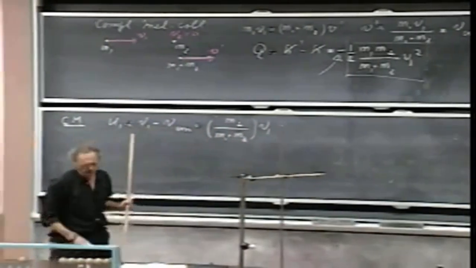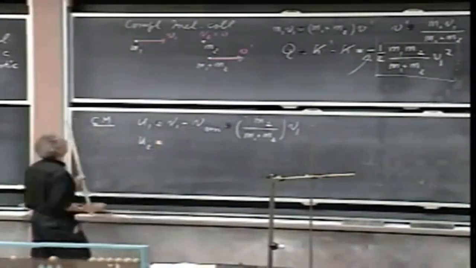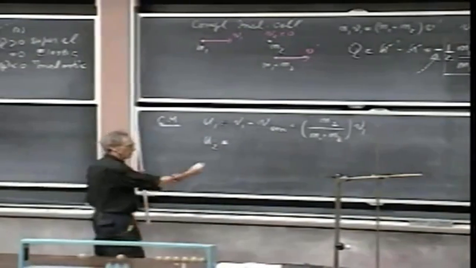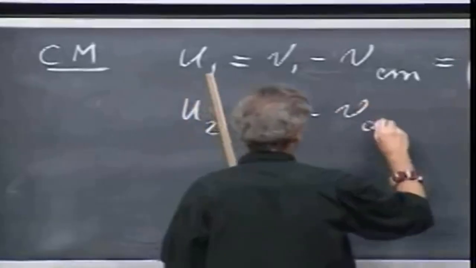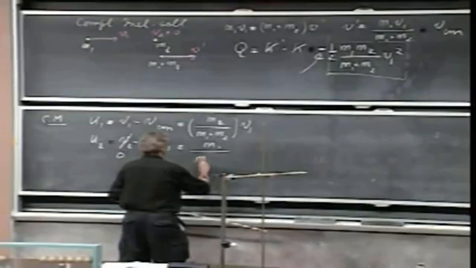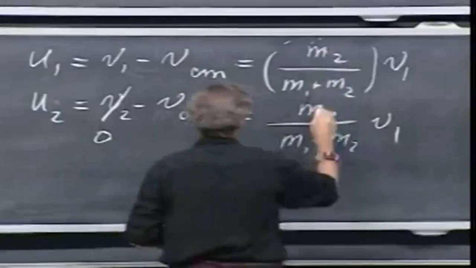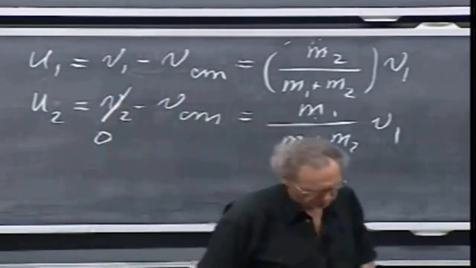And you check that, I hope. And now we go to calculate U2. We want to know what the velocity is, in the center of mass frame, of the other one. That, of course, is V2 minus V center of mass, but V2 was 0. This is M1 divided by M1 plus M2 times V1. So the difference is only the M1 upstairs and the M2.